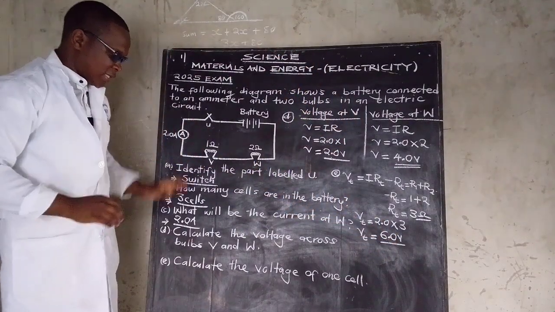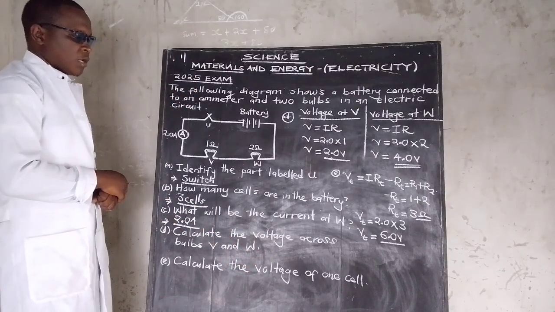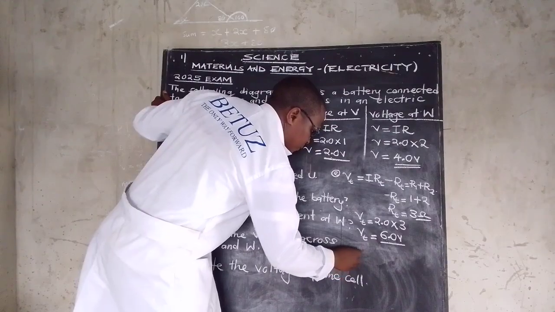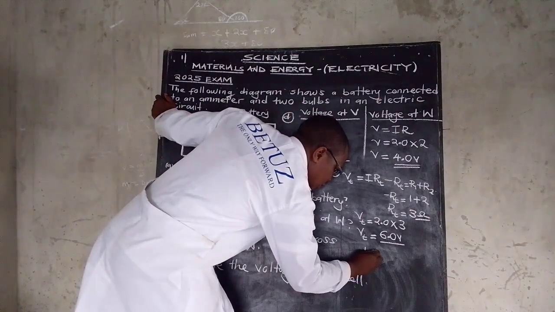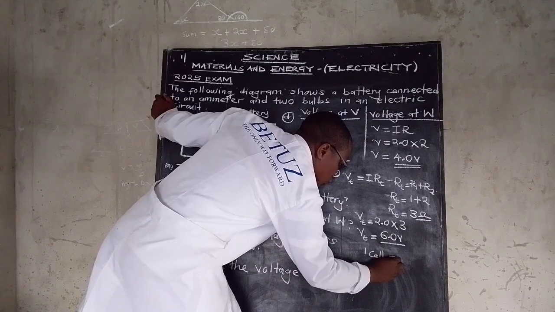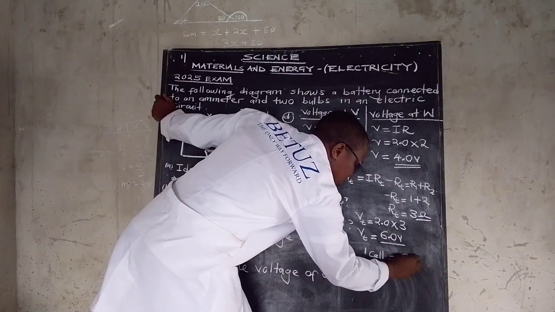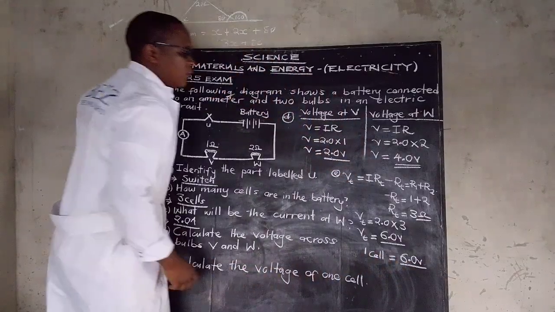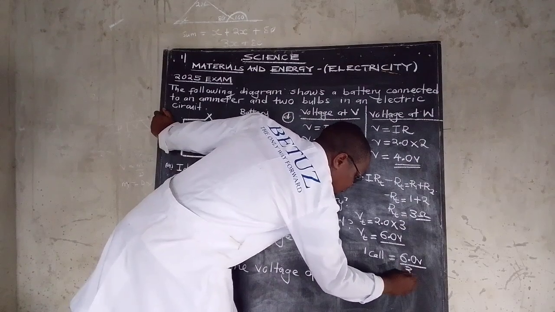Remember, the question is calculate the voltage of one cell. So we are going to say one cell is equal to 6.0 volts divided by the number of cells. How many cells do we have? We have 3 cells. So divided by 3.